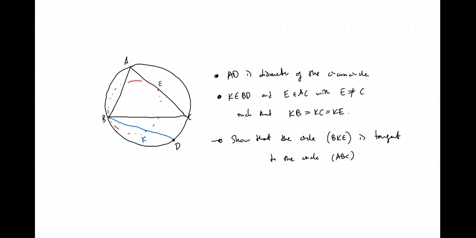Sometimes there are problems in which they ask you to prove that a circle is tangent to a circle or a circle is tangent to a line, but you don't know the point at which it's going to be like that. Usually in those cases, the proof is based on discovering that point first of all.